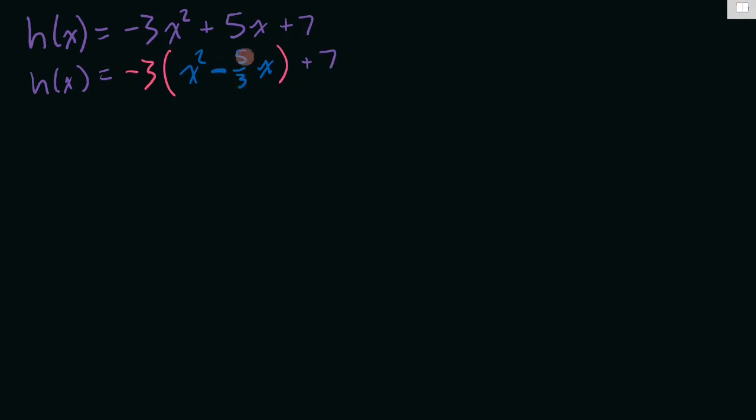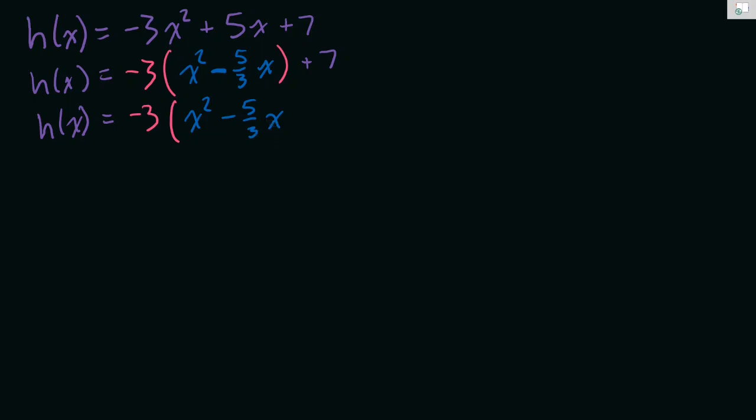Now this negative 5/3, we're going to halve it, square it, add it, and subtract it. So h of x is negative 3 x squared minus 5/3 x. Okay, now what is half of 5/3? Half of 5/3 means you essentially need to add an extra 2 in your denominator because you're dividing by 2 as well.